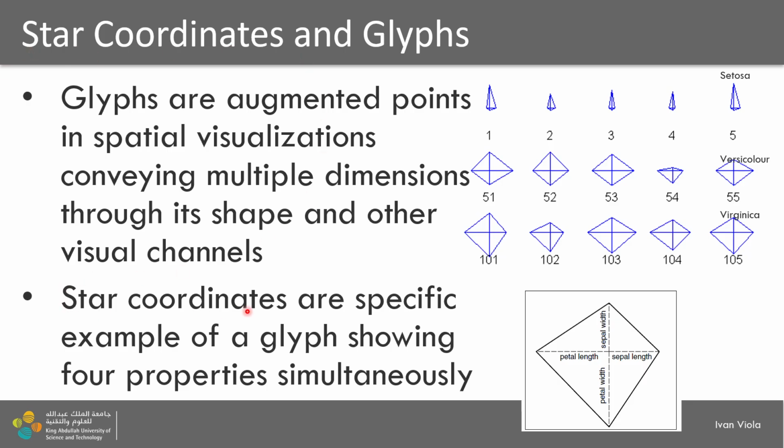The star coordinates are a specific example of a glyph showing 4 properties simultaneously. We can see that there is some kind of center of this star, and then in each direction we have one dimension. For example, this element is showing us a particular flower with this star, where its sepal length is of this length, sepal width is of this width, petal length is of this length, and petal width is of this width.